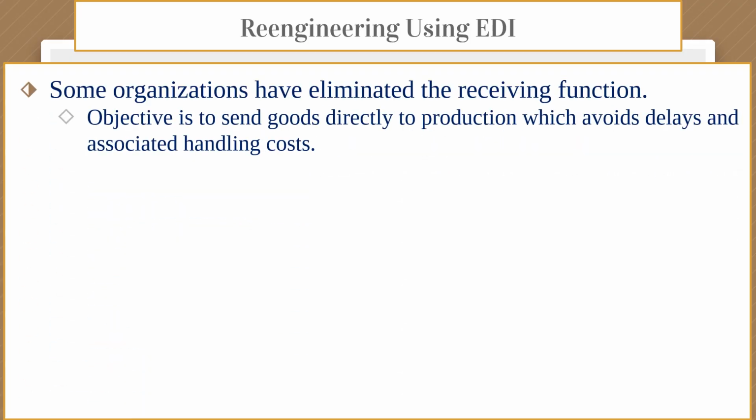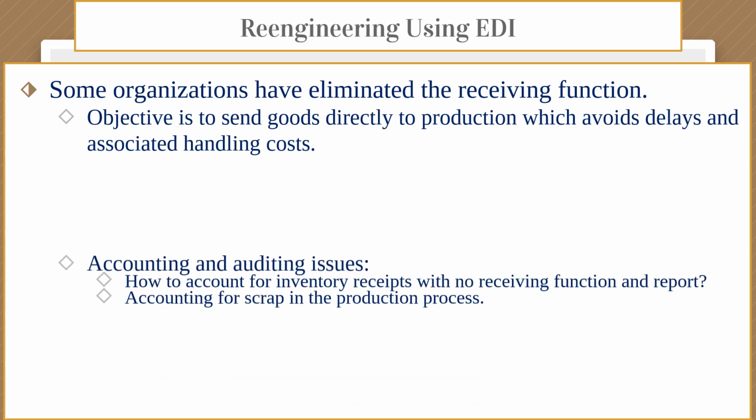Some organizations have eliminated the receiving function in order to send the goods directly to production, which avoids delay and associated handling costs, so ensuring the effectiveness of the process.